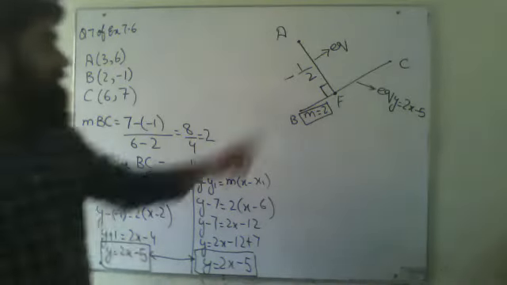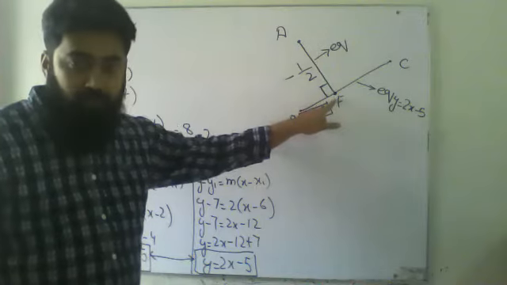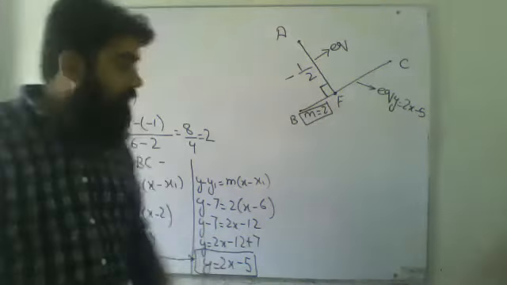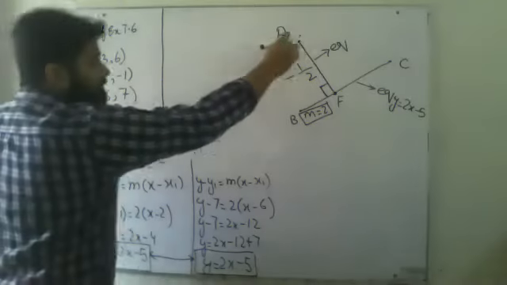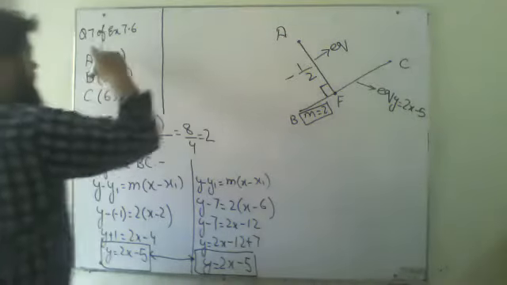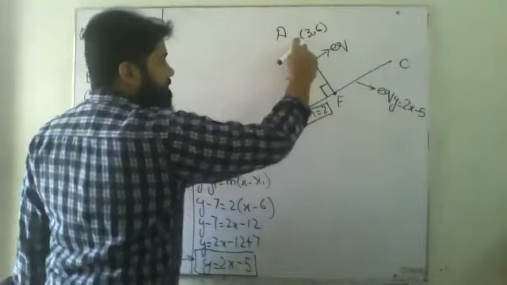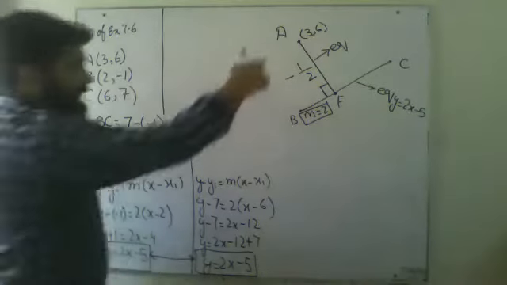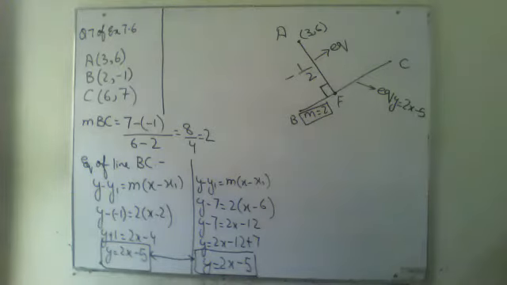But I need this equation also to get this point. How will I do it? I have got the coordinate, which is 3, 6. I have got the gradient of the line, which is half.